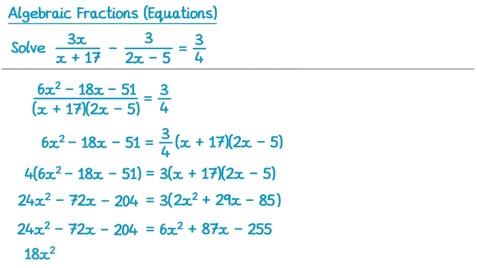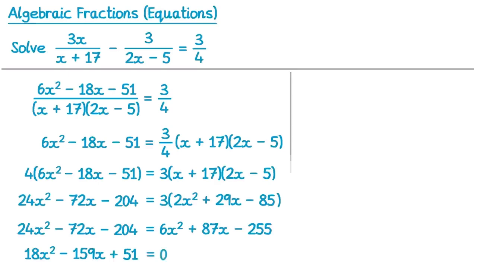And then if I subtract 87x from the 72x, we get negative 159x. And then if we add 255 to negative 204, we end up with a positive 51. And the right-hand side we know will equal 0.